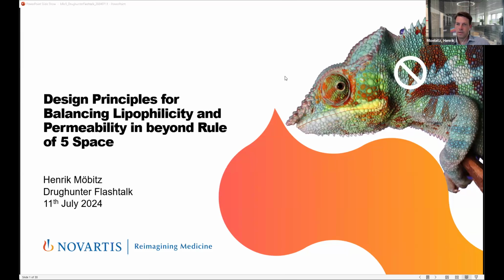This brings me to the chameleon, which you can see here. Because chameleonicity is a concept that is often evoked to explain the oral bioavailability of beyond rule of 5 drugs. And the thought is that chameleonic molecules can adopt different conformations in water versus apolar environments, for instance, by forming intermolecular hydrogen bonds. And that this leads to an overestimation of the polarity by TPSA relative to 3D PSA.